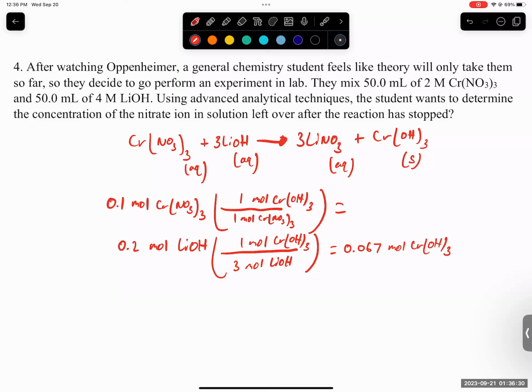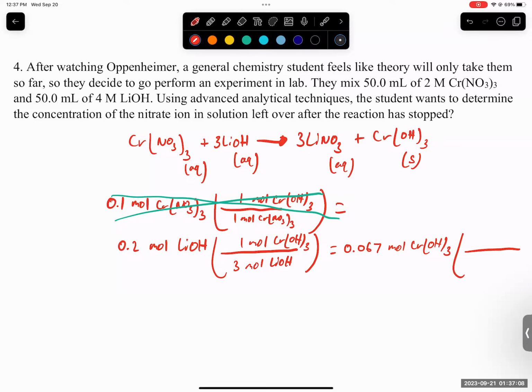Since we found out what our limiting reactant was, I'm going to cross out the top stuff because frankly speaking, we don't need it anymore. Now that we have our moles of chromium hydroxide, what does the question ask for again? The concentration of nitrate. So we have to find the moles of nitrate from the chromium hydroxide, because this will give us the moles of nitrate we use up.